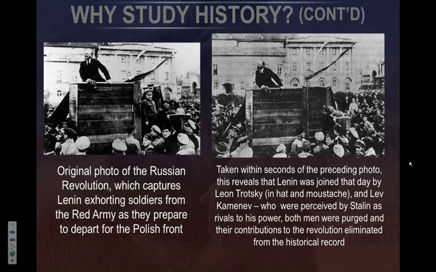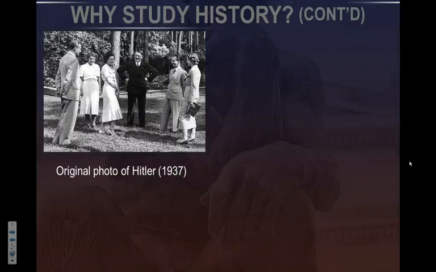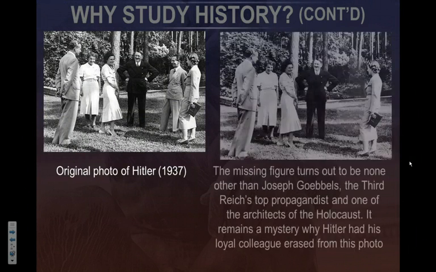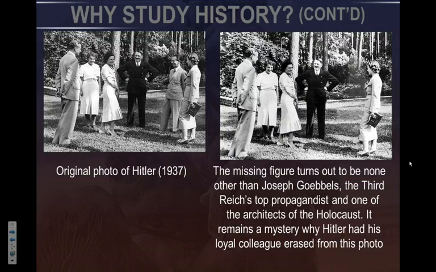Now you might be thinking, okay, I get it, that in the past, dictators and people like that created changes in history to benefit them, okay? This is Hitler, 1937, okay? For some reason, they found this photo later. They found the original, and they found a version of it as well that had Joseph Goebbels removed from that photo.